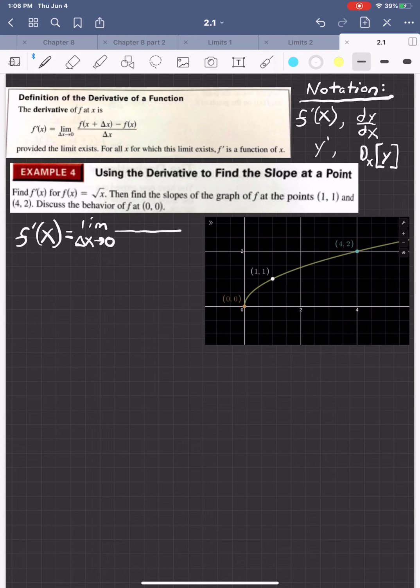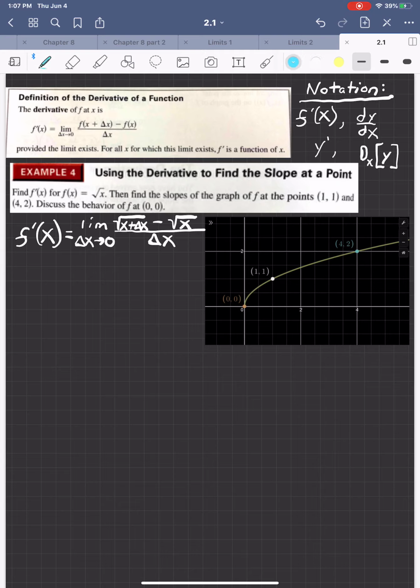Let's plug everything in: the square root of x plus delta x, minus the square root of x, divided by delta x. The trick to be able to apply the limit is the same trick you learned in the last chapter, where you have to rationalize. You multiply by the conjugate, which is the square root of x plus delta x plus the square root of x.